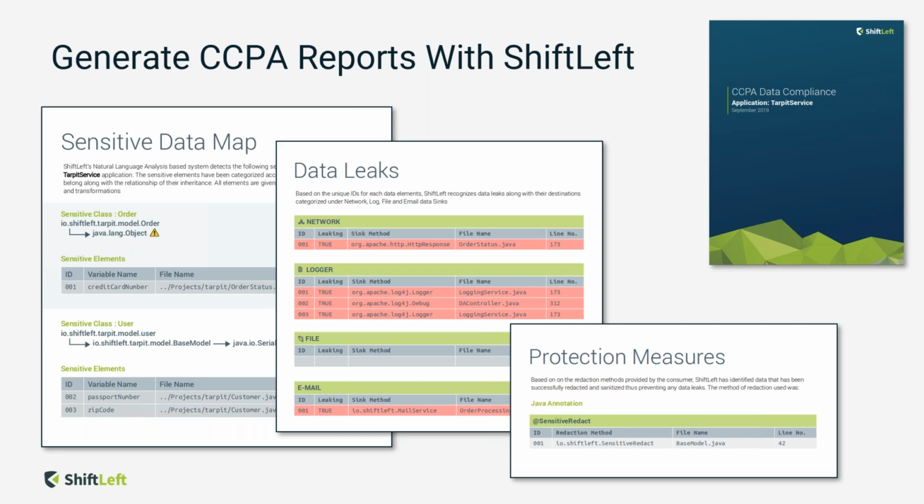So then we also do that third step, which is what you see as the protection measures. We can show you what protection measure is in place and whether it is doing its job. We are saying that on this line number in your source code, there is a redaction method being used, and hence this leak is no longer true.